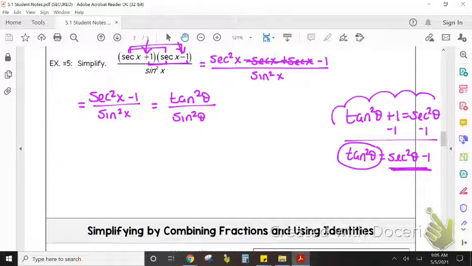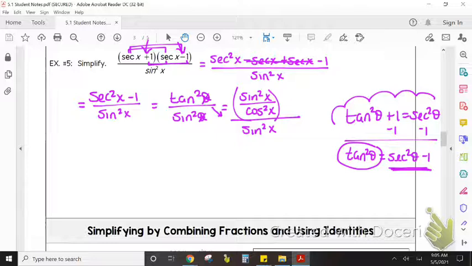Well, tangent, we know we can write in terms of sine and cosine. So remember, tangent squared, then it's going to be sine squared. I'm going to go back to the x that I should have been using, and I somehow changed it to theta there. All right, so sine squared over cosine squared, all over, that's the same line as that one, the sine squared that was on the bottom.